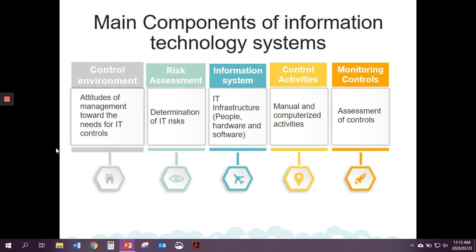When we're talking about risk assessment, so now we've moved on to point 2. When we talk about risk assessment, and this is why I've got a little I here, we are talking about looking out for IT risks. Is management constantly looking out for IT risks? Now, management may very well delegate it to a subcommittee to look out for IT risks.